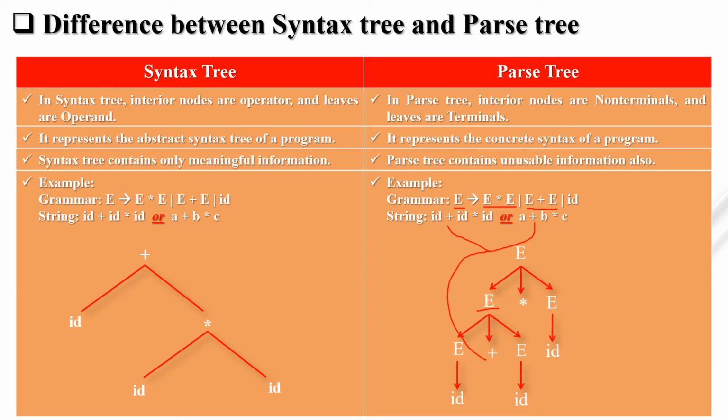When we scan from left to right, the first operator is plus. That's why we expand this E with E plus E, and then each E will be directly derived by id. So we get the string that is id plus id into id. Okay, we have to scan from left to right.